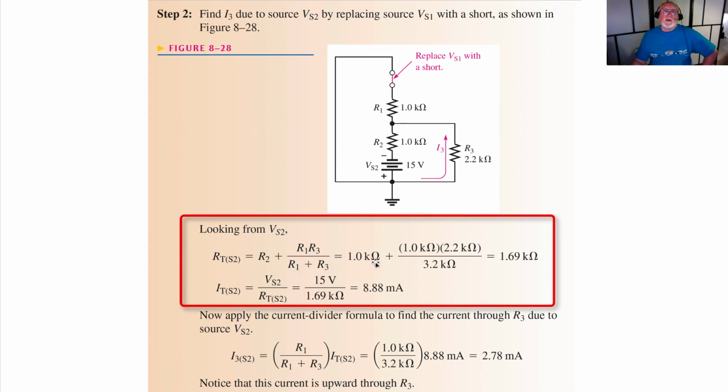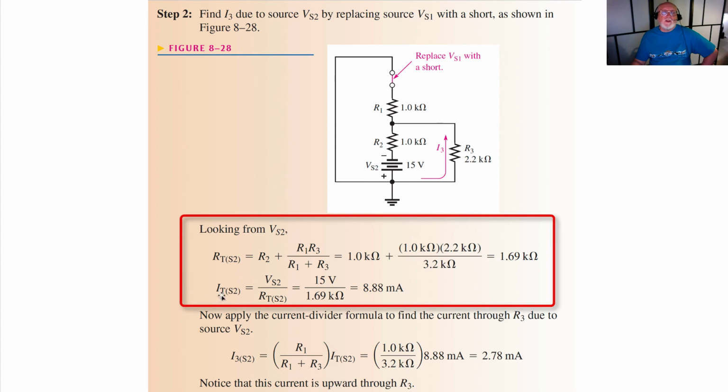That gives us 1 k ohm plus the product 1 k ohm times 2.2 k ohms divided by 3.2 k ohms, which gives us now 1.69 k ohms of total resistance with just source 2.